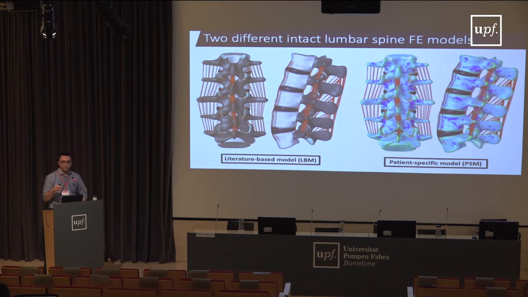But the material properties were assigned in the first case based on the literature, and on the second side based on the patient CT. So on the right side, you can see a real patient-specific lumbar finite element model in terms of the anatomy and in terms of the bone material properties, not the disc.